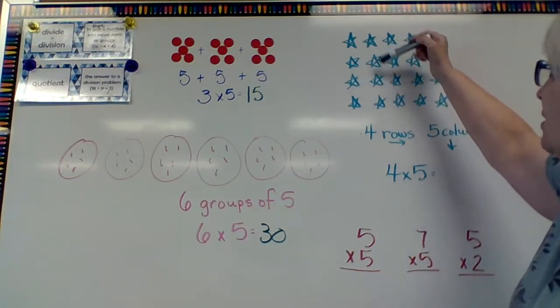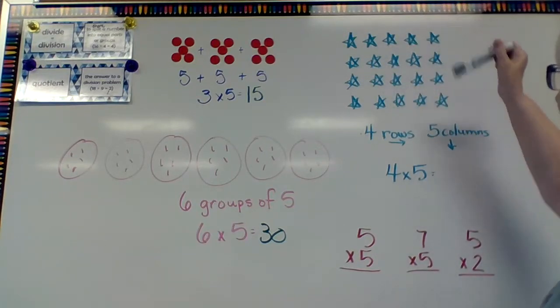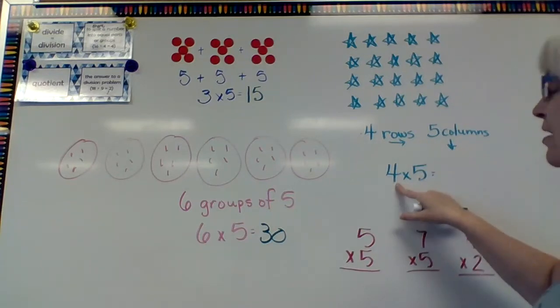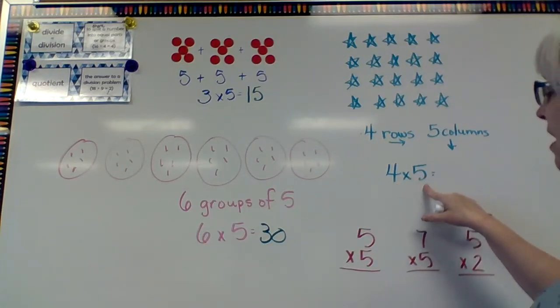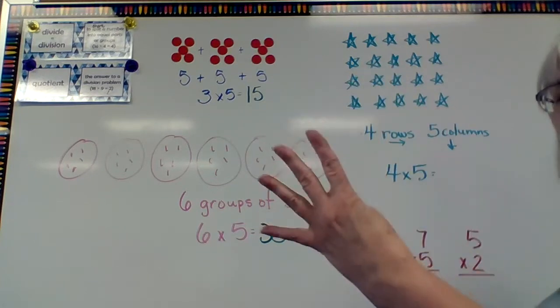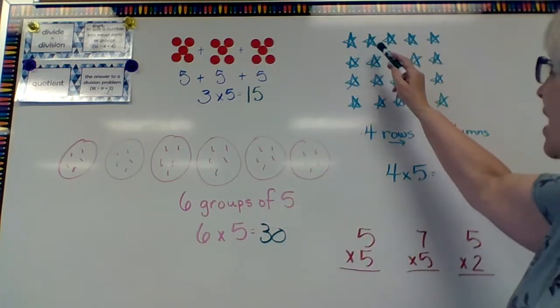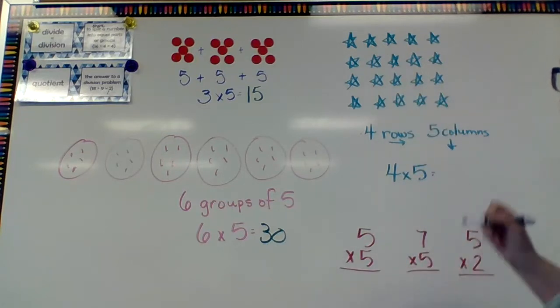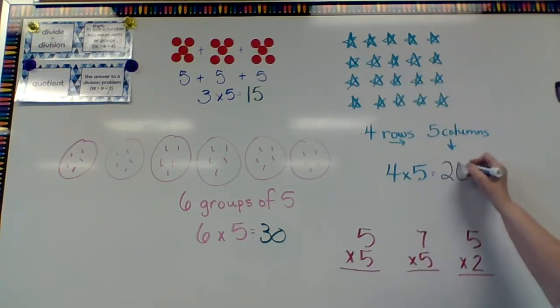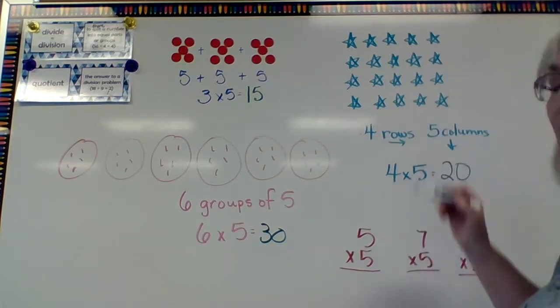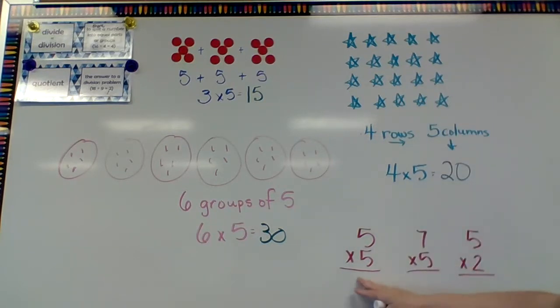There's 1, 2, 3, 4, 5. So we have 4 rows with 5 in each one. 4 times 5. So we hold up 4 fingers, 5, 10, 15, 20, or we can count 5, 10, 15, 20. You can even, if it's not counting by 5s and it's harder, go back and count them by 1s.